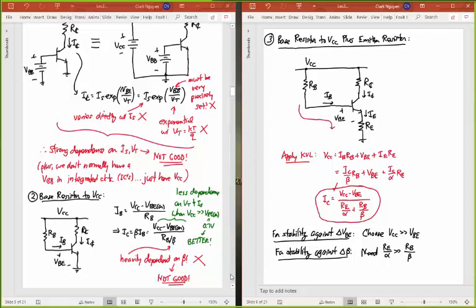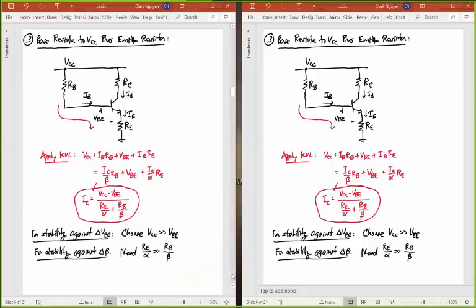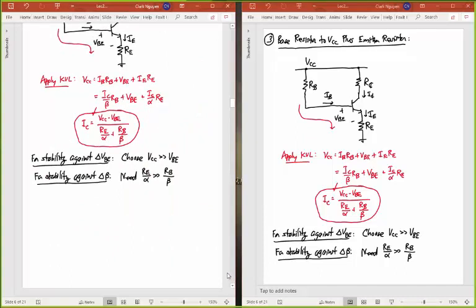Okay, so if I look at this then, an example of this last one here, oops, let me change that to black.